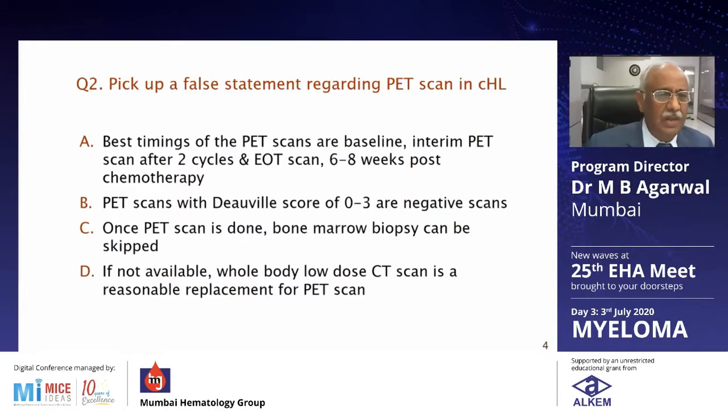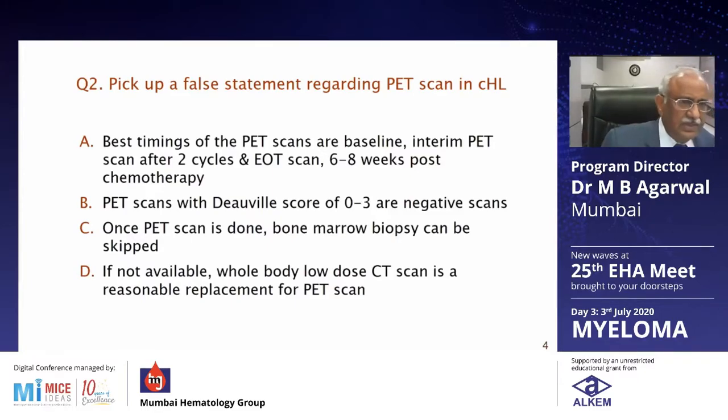So best timings of the PET scan in classical Hodgkin lymphoma are baseline, interim PET scan after 2 cycles, and end of treatment scan done 6 to 8 weeks post chemotherapy. So 3 PET scans: at the diagnosis, after 2 cycles and 6 to 8 weeks after the chemotherapy is over.